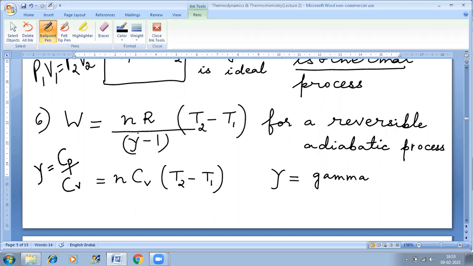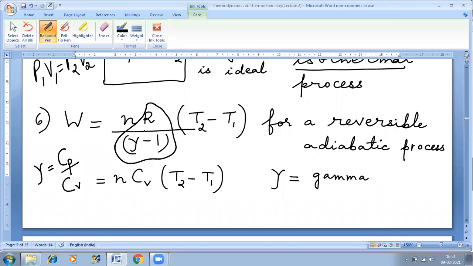Now, R upon gamma minus 1, that is this portion, can be written as Cv. Cv is R upon gamma minus 1.